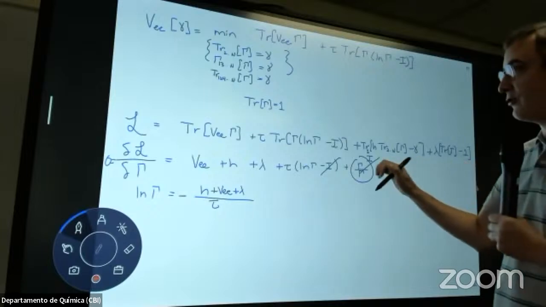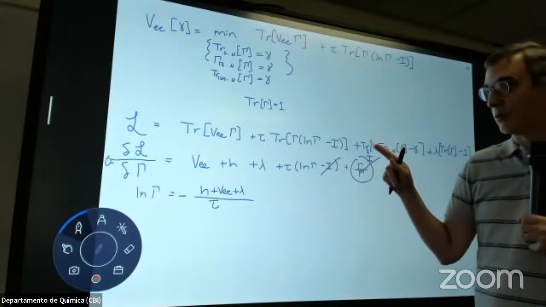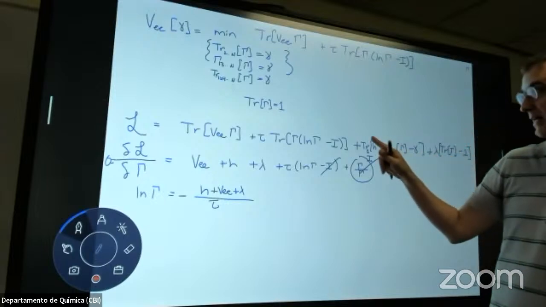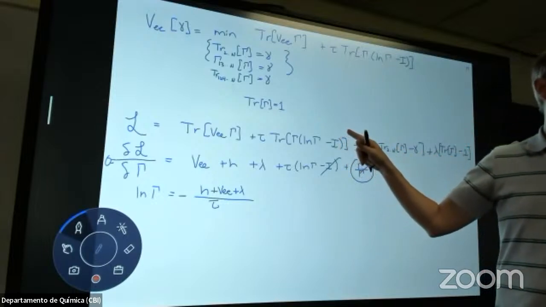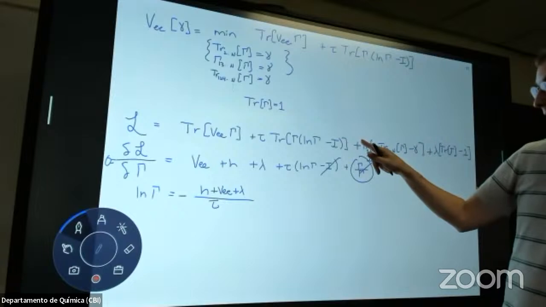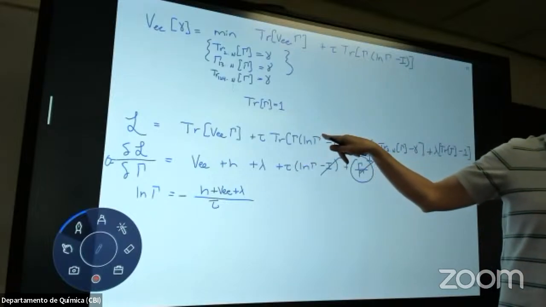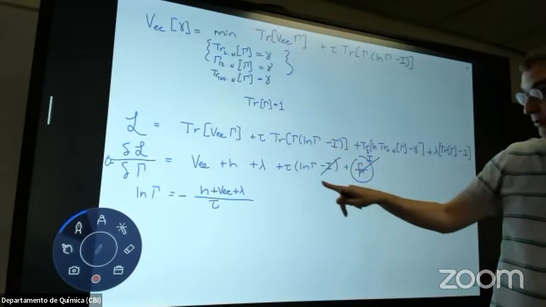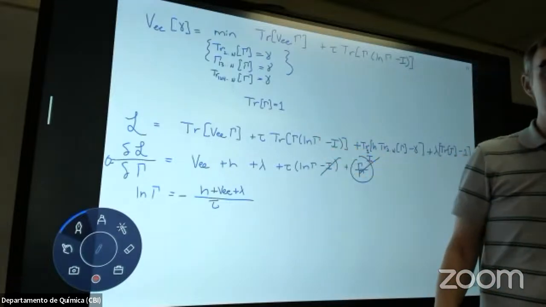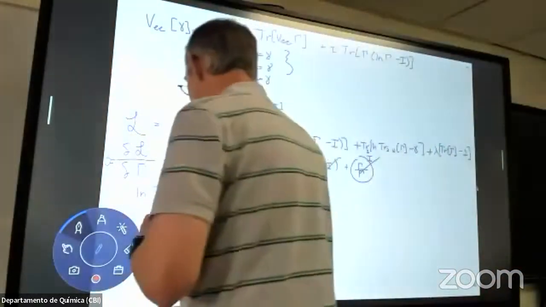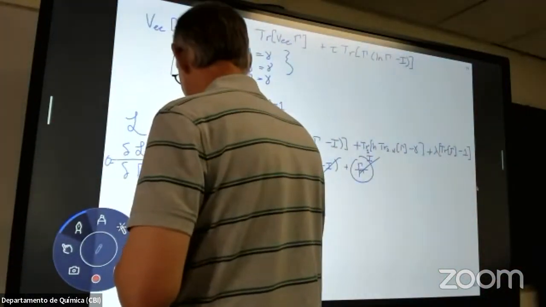So this is a key equation. Now I'm going to want to get rid of my gammas, right? I'm going to have an expression for log gamma. I'm allowed to put it in, right? So I'm going to put my expression for log gamma into this formula. And I'm going to get a new expression for my Lagrangian.